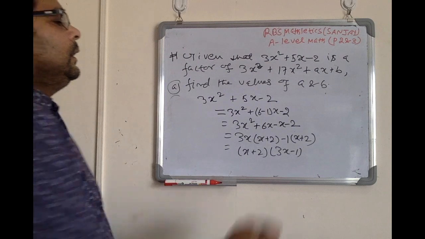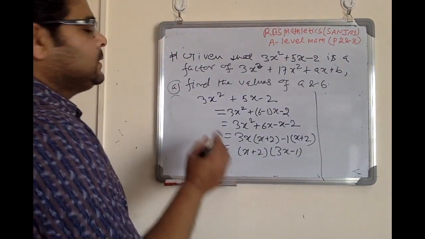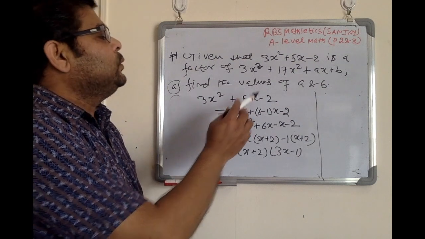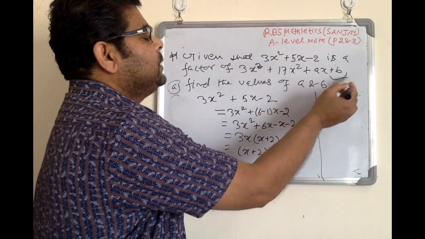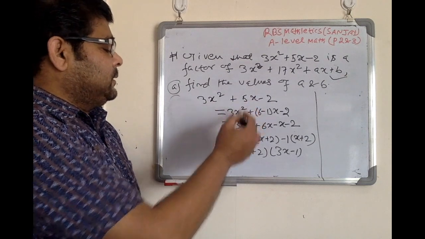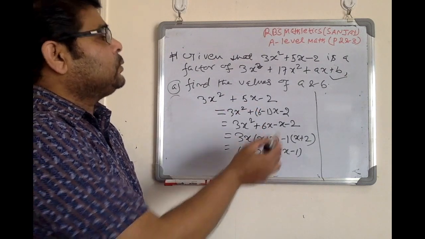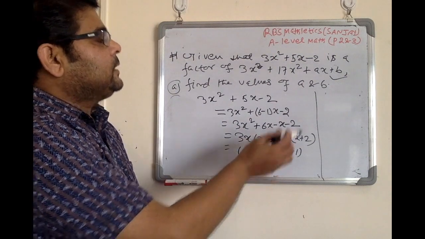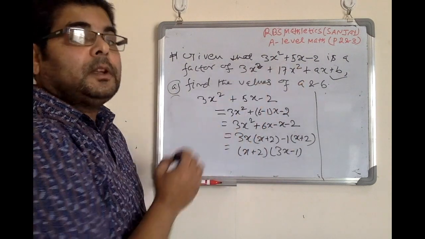Now, as it is given that 3x squared plus 5x minus 2 is a factor of this polynomial, what about its factors? Is x plus 2 also a factor of the given polynomial? Is 3x minus 1 also a factor of the given polynomial?